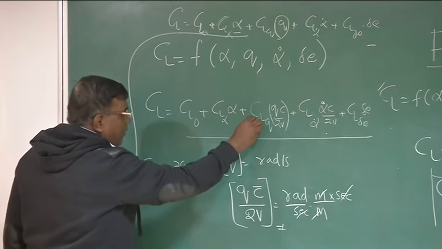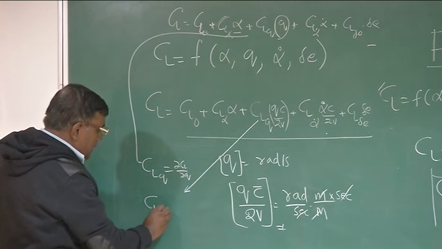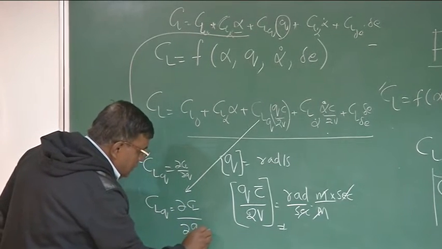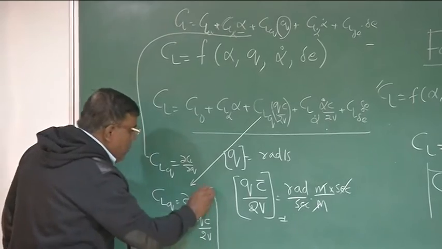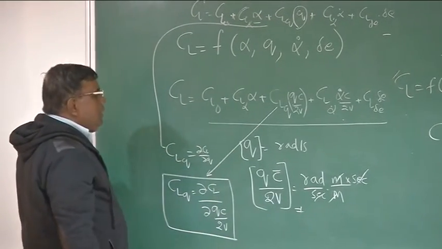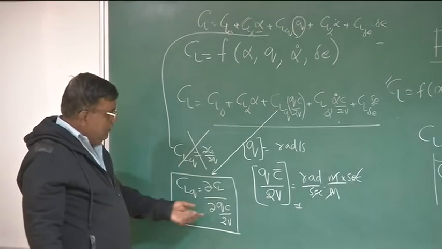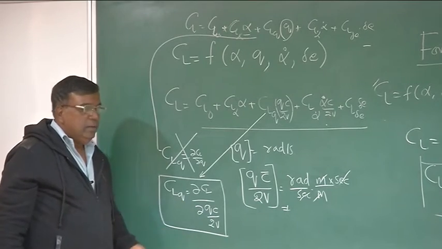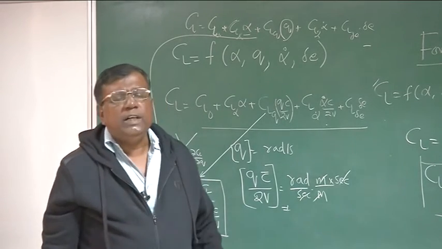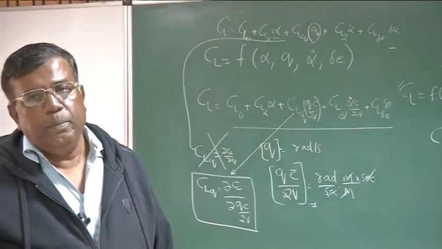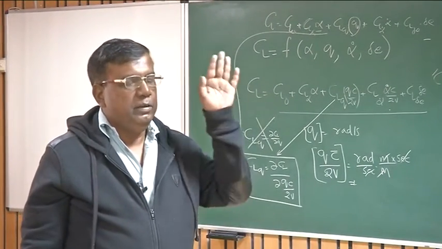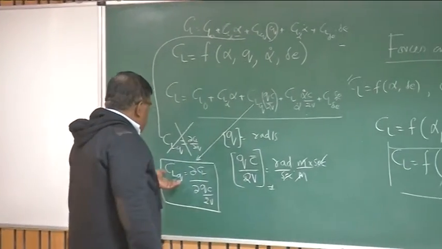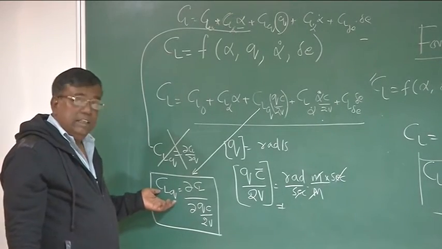But in this way, please note that CLQ is dCL by d(QC by 2V). This is a non-dimensional quantity. The physical meaning is: what is the change in CL because of Q? If there is a positive Q, pitch up or pitch down, how much CL is going to change? That gradient this derivative will tell us.